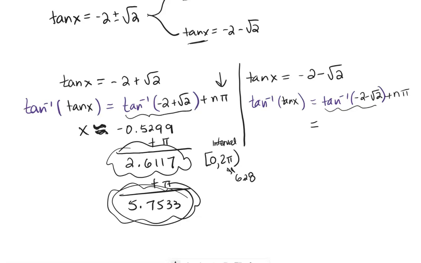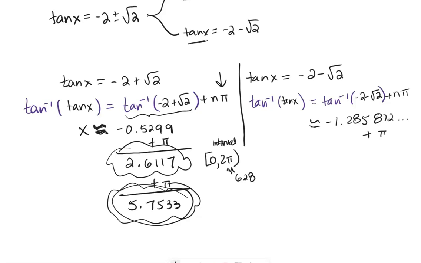If you put the inverse tangent of -2 minus the square root of 2 in your calculator, you will get approximately -1.285872, but that's of course not within the interval 0 to 2 pi.